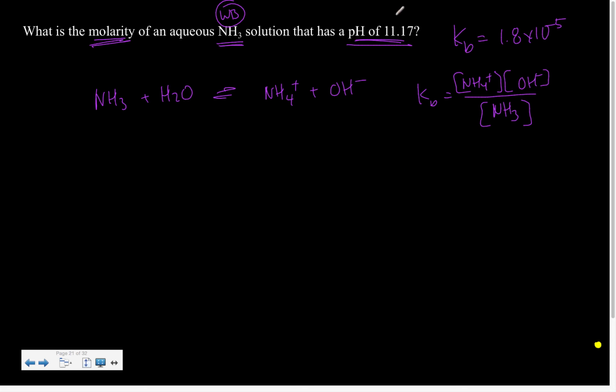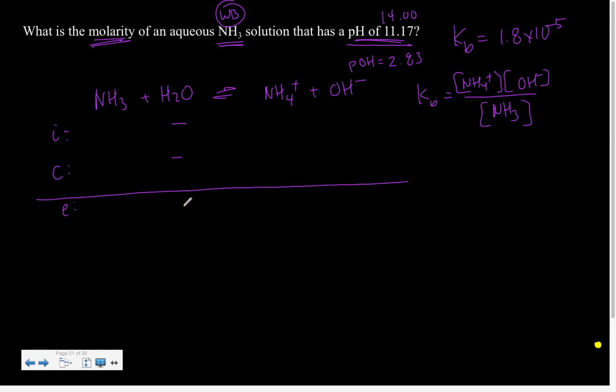And we know that we have a pH of 11.17. What can we do with that? If we take 14 minus this, what do we get? 2.83 as my pOH, yes? All right, so then let's fill in what we know.